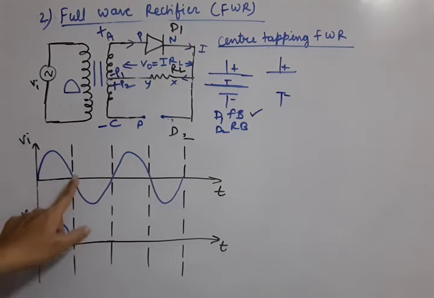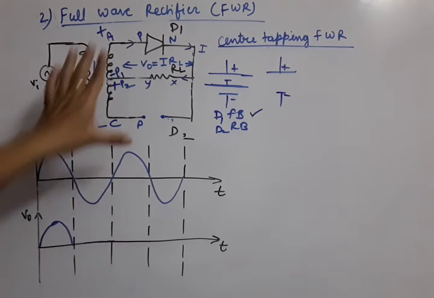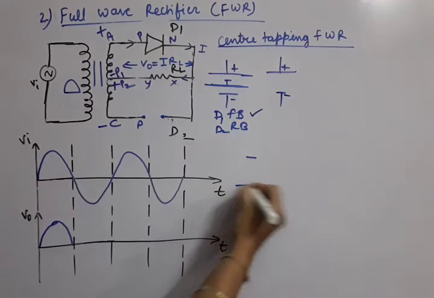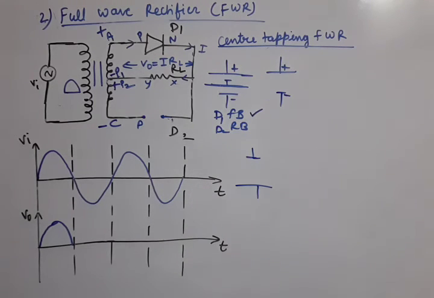Now let us apply the negative cycle to this complete circuit. Negative cycle is like a negative battery. I am showing it with a different color pen.